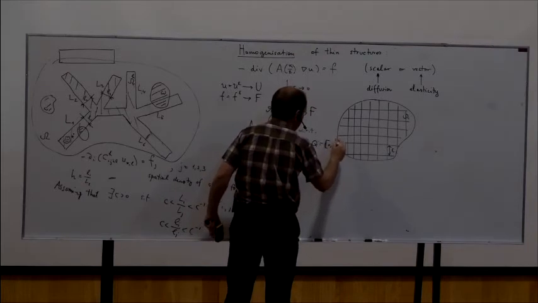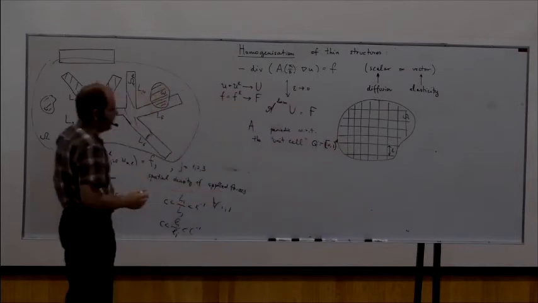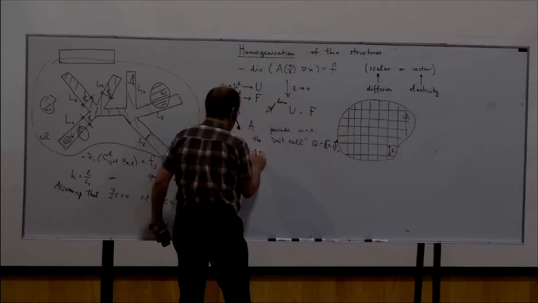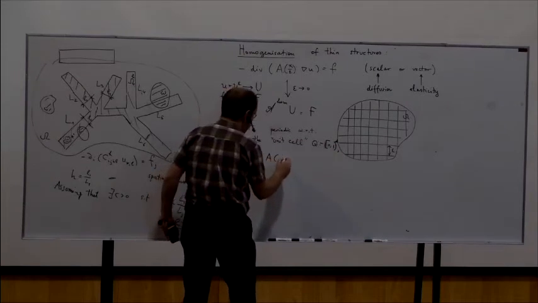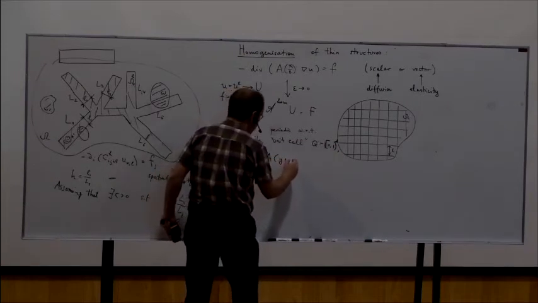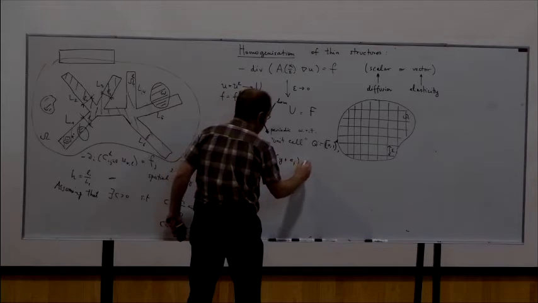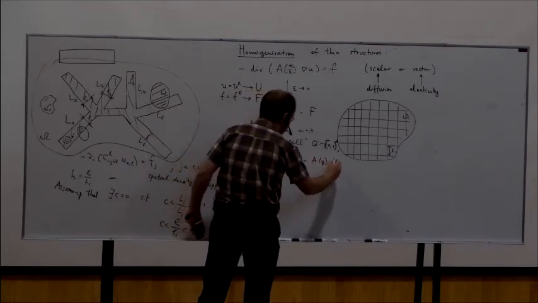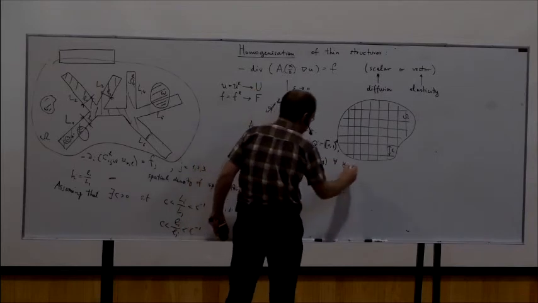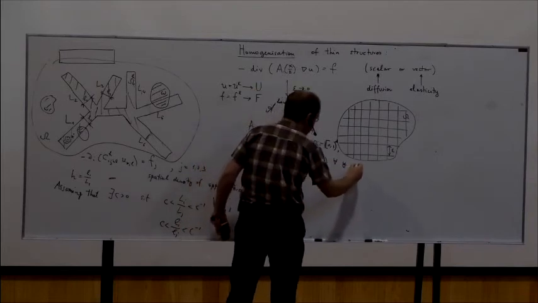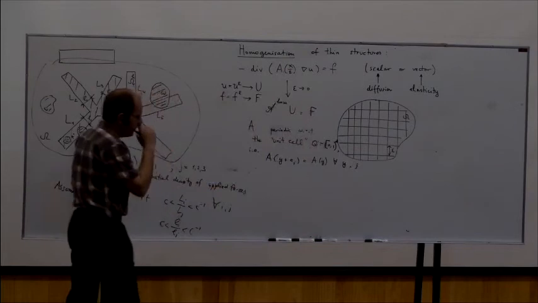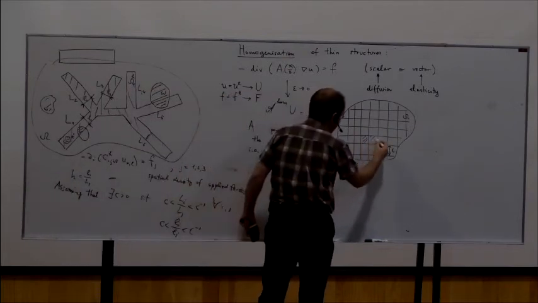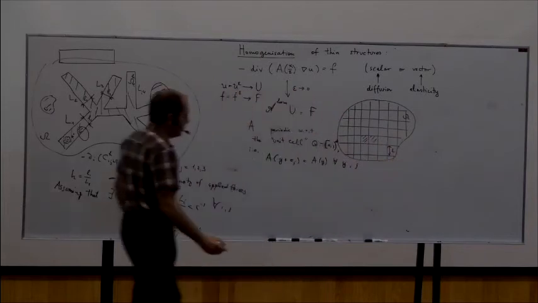So in d dimensions, it's just a unit cube, let's say. So that is A of y plus e_j equals A of y for all y and for all j, in all directions, right? So the properties of the medium periodically repeat as you go from one cell to the next.